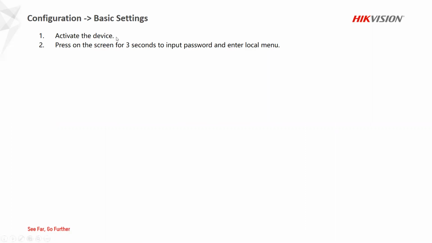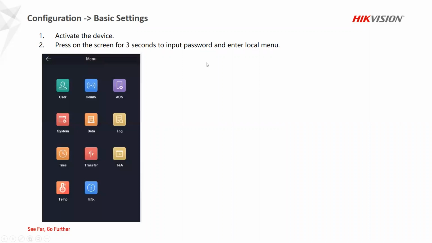After that, if you want to go into the local GUI, you only need to long press on the screen, and then it will pop up an admin and password input menu. After you input the password, this is the menu that you're going to see in the local GUI.